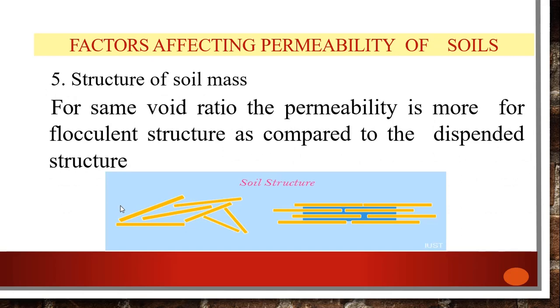Structure of a soil mass. For the same void ratio, the permeability is more for the flocculent structure as compared to the dispersed structure. As you can see in this picture, the permeability is more in the case of a flocculent structure and very low as compared to the dispersed structure.